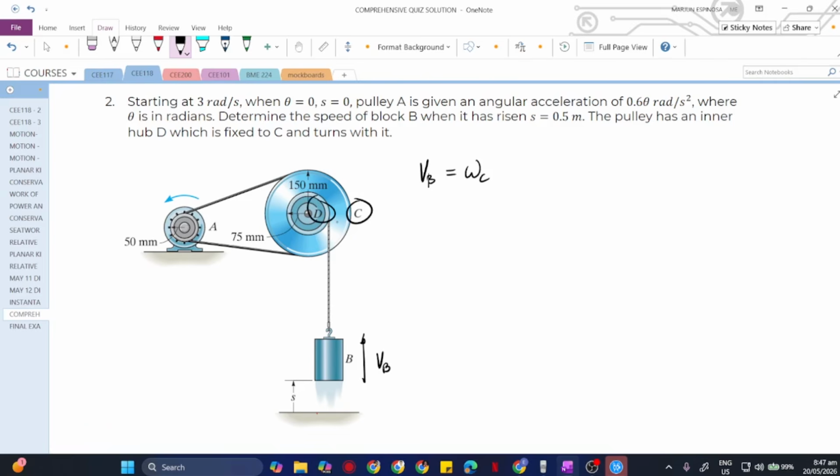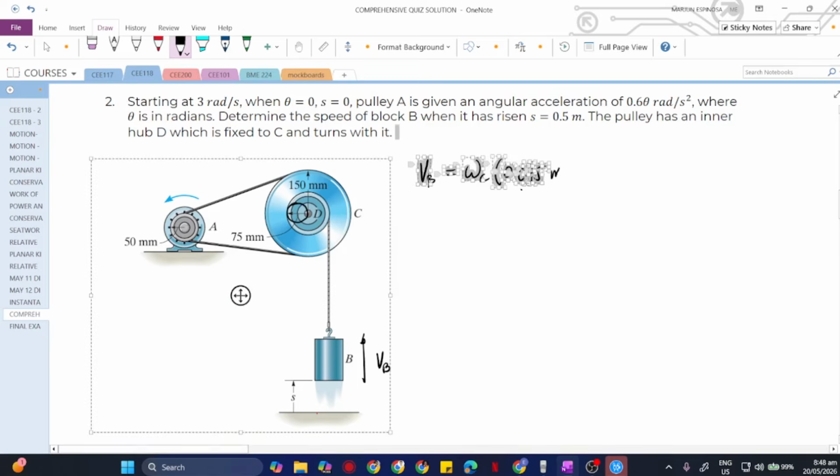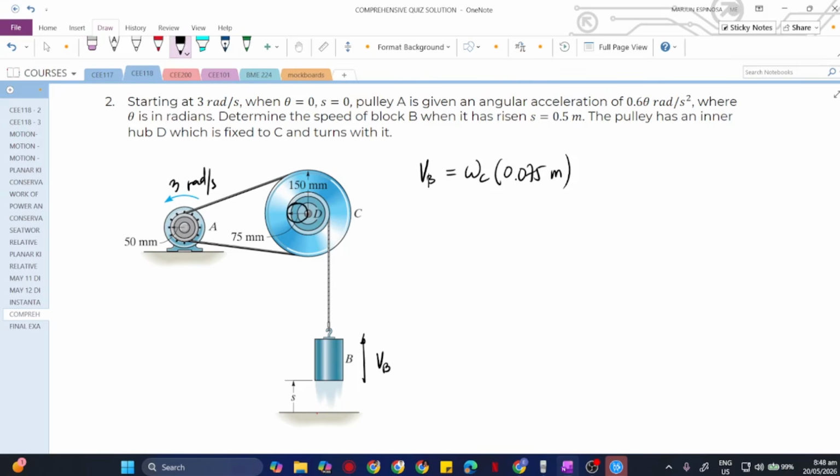So, angular velocity ng C times itong 75 mm, 0.075. Gawin natin in terms of meter. So, we need to solve for the angular velocity nitong C, pero yung given natin is ito, 3 radians per second, yan yung angular velocity nitong A natin.